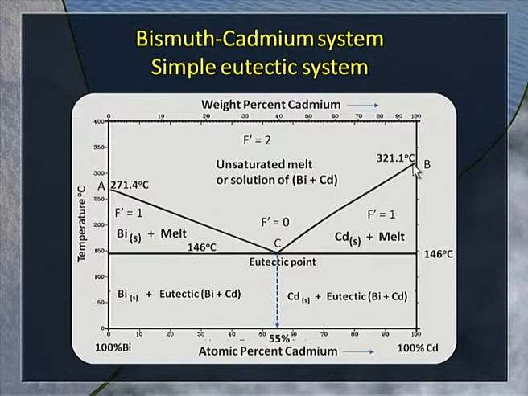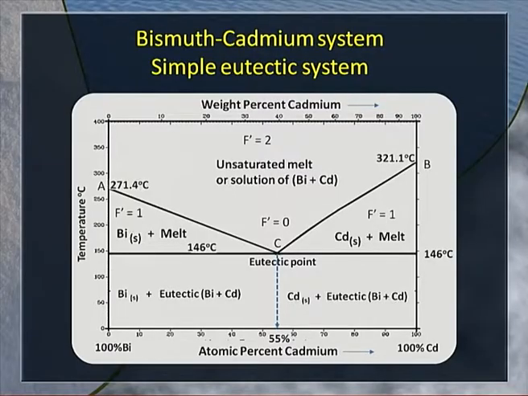Similarly, to cadmium, if we add bismuth, the melting point decreases. Ultimately, the two lines meet at point C, and we have seen that the point at which the composition is such that it exhibits the lowest melting point is called the eutectic composition, and the temperature at which this is shown is called the eutectic temperature.